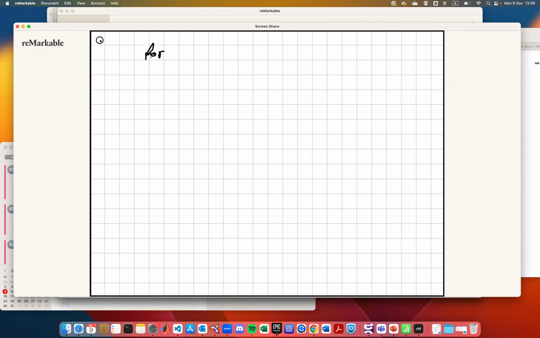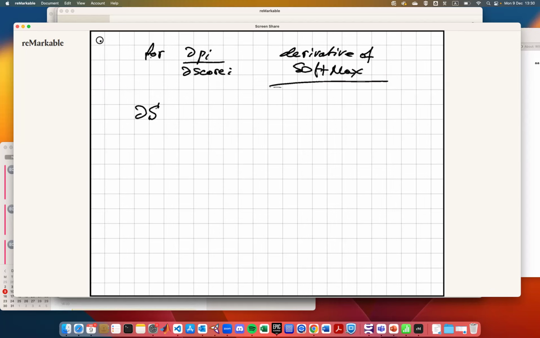I will just quickly show. Just to remind you, this is now softmax of score; this is the softmax function, this is score.